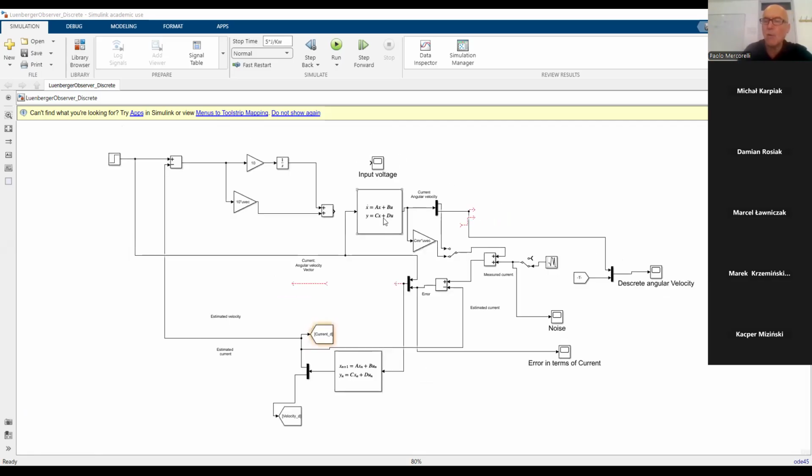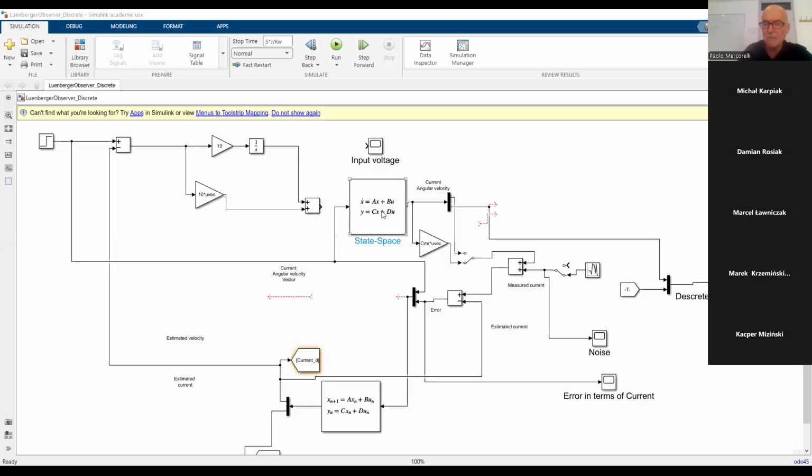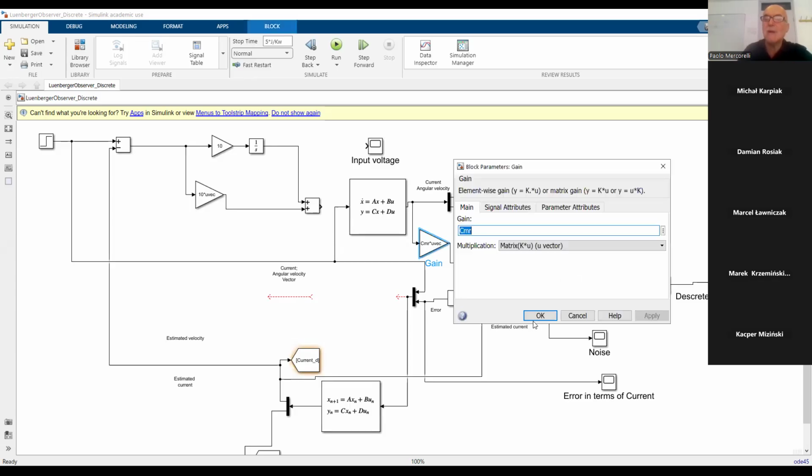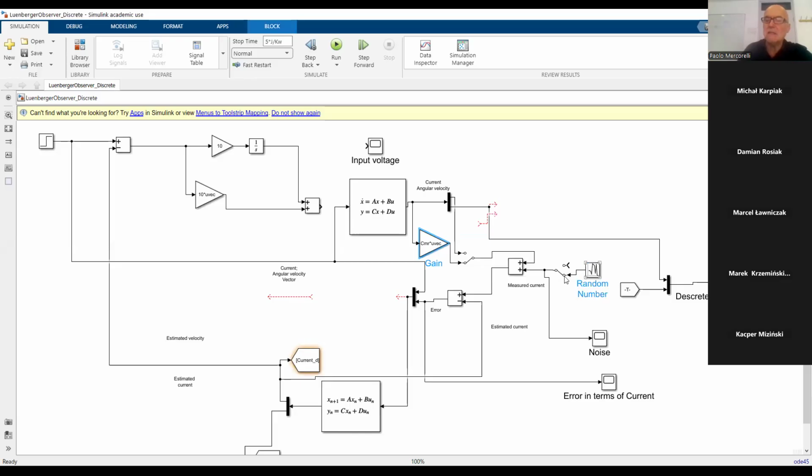Here we have in the system our motor, a real motor. I am measuring the current. CMR is written, CMR is 10. Do you remember the current? I have some noise. Let me throw away the noise because it's not included in this observer.